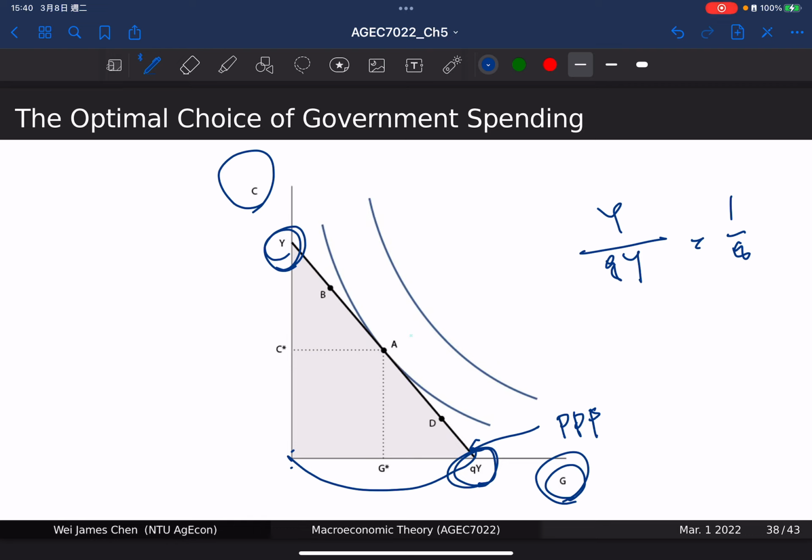So this is a linear curve, and this is the consumer's budget constraint.